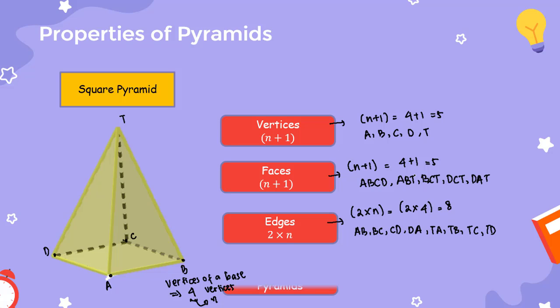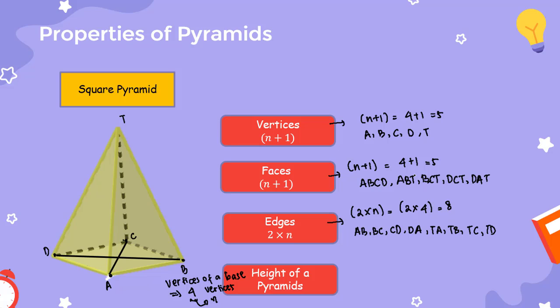And the last one, the height of a pyramid. So which one is the height of a pyramid? It's really easy. You have to find the midpoint of the base first. How to find the midpoint of a base? You have to draw the face diagonals of the base. There are 2 face diagonals.